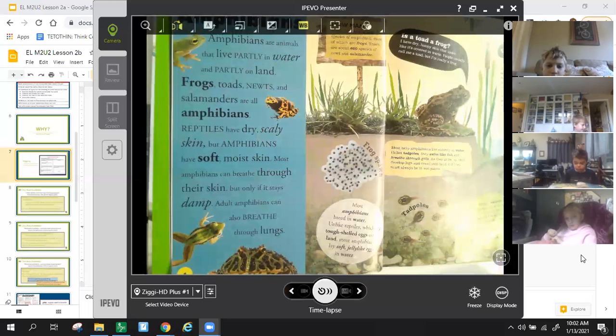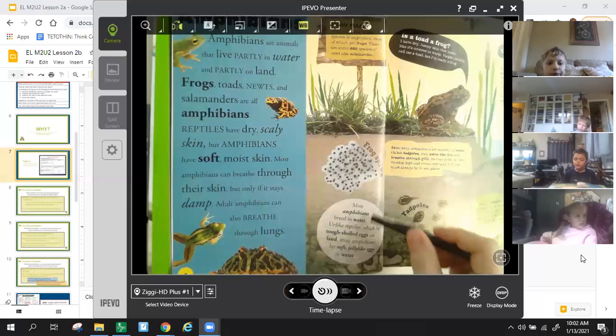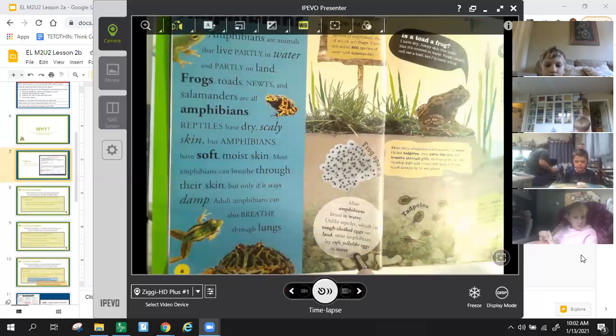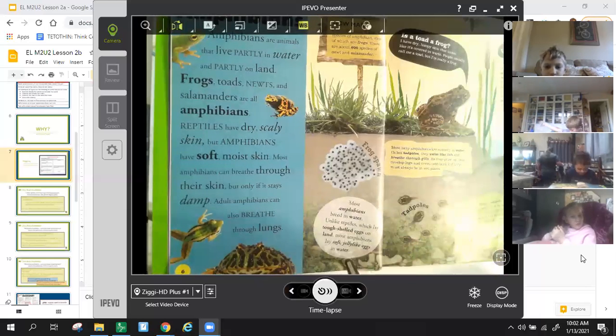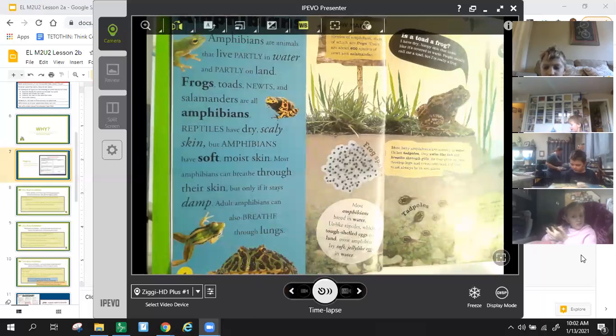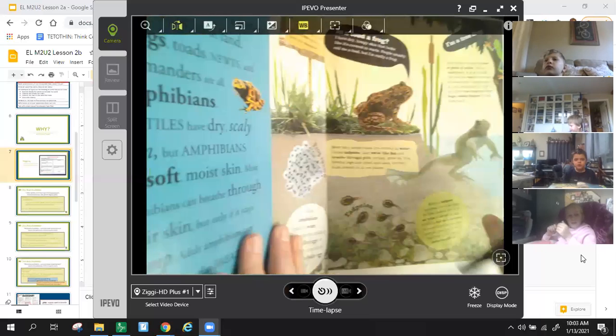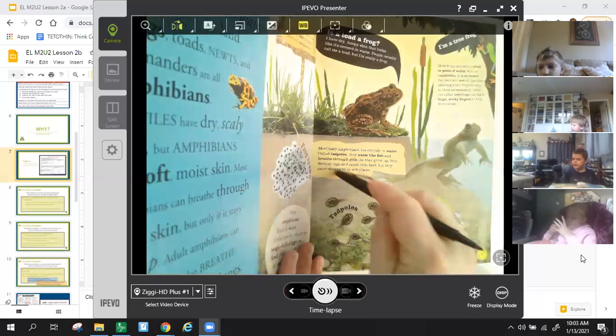When we have an author that can't tell us in person, they have to use text features to help us understand, and so you'll see that in bold. All right, we are going to move on to our next sentence.